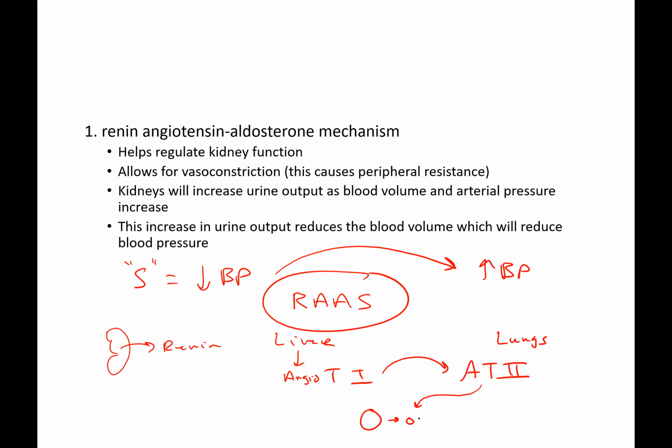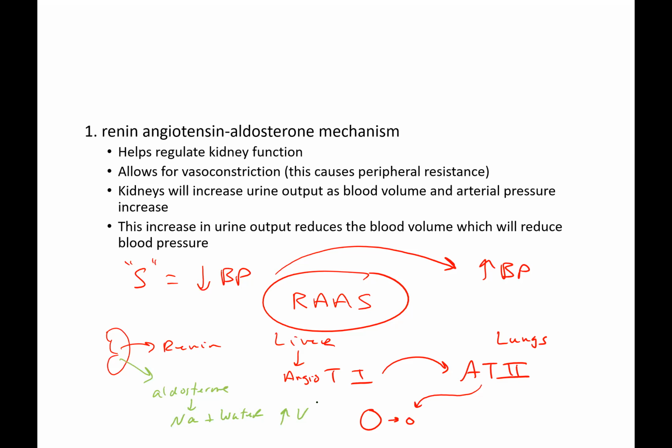Then the kidneys also release aldosterone. Okay. And remember, in the presence of aldosterone, you keep sodium and water. Okay. So you increase the blood volume.